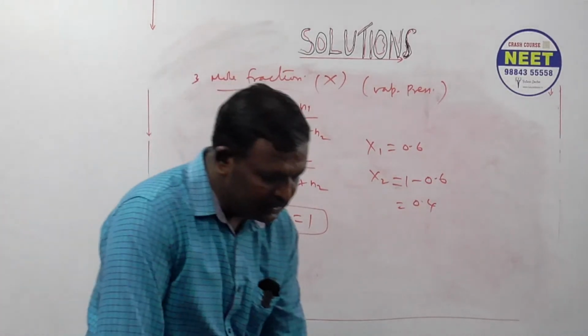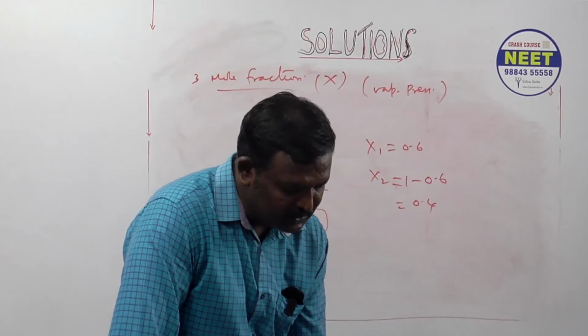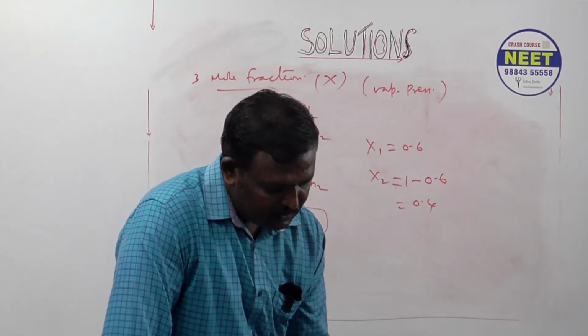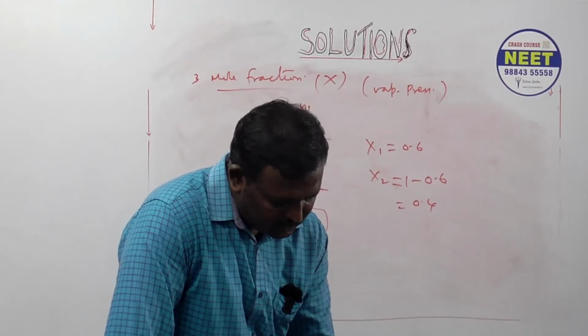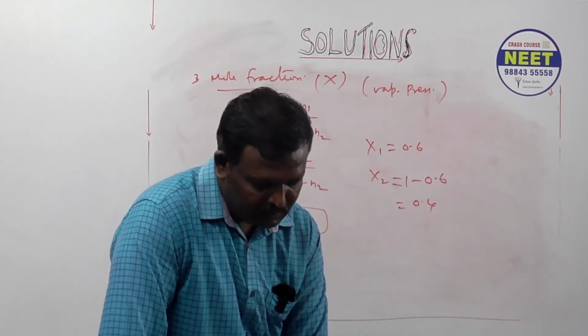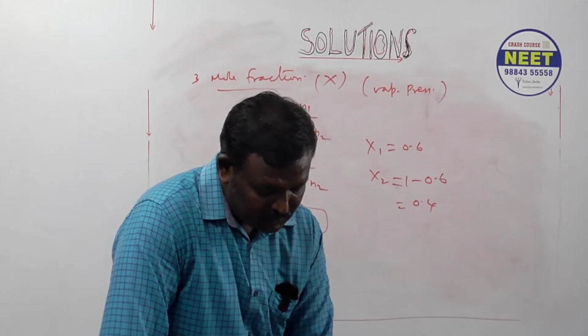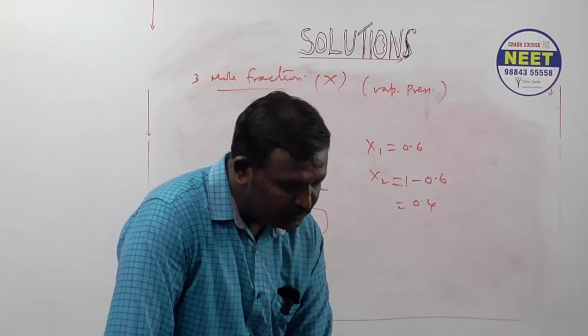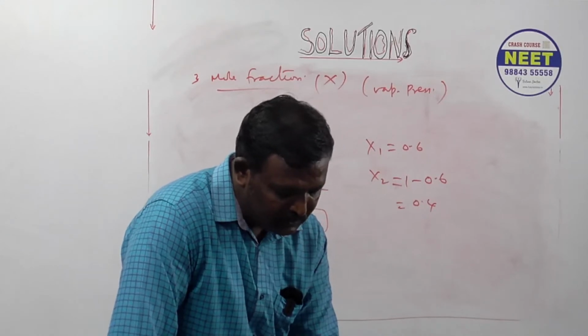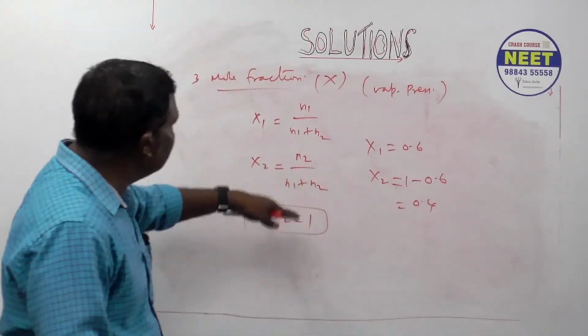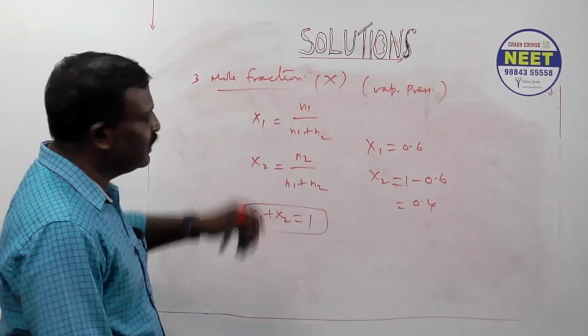You see the formula. Go through example 2.1 in the text, I think 2.2. If you go through this kind of sum, you will be able to understand all this.